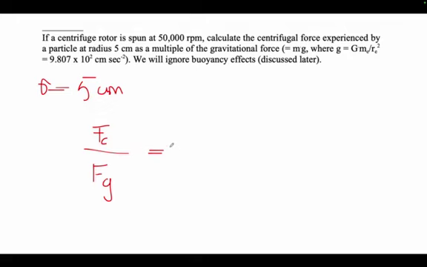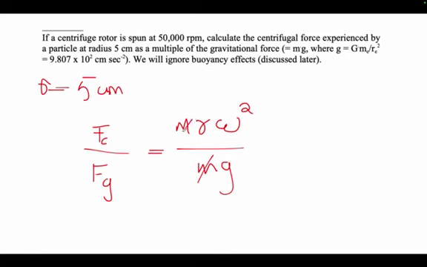where we know centrifugal force is given by m, which is the mass of the particle, r, the radius, omega square, whereas the gravitational force will be given by mg.